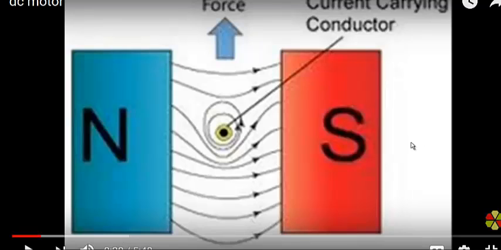But with the presence of the current carrying wire, you get a magnetic field around the wire, which interacts with the permanent magnetic field, and that causes the wire to want to be pushed up. That's just the concept of force on a current carrying conductor, but also how it warps the magnetic field.